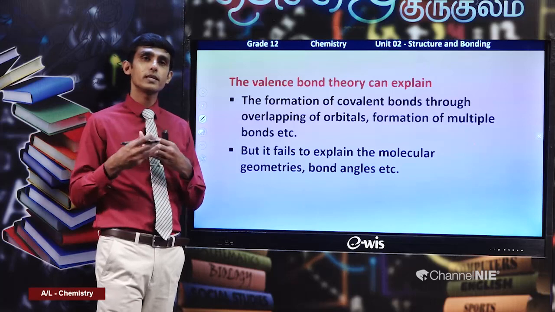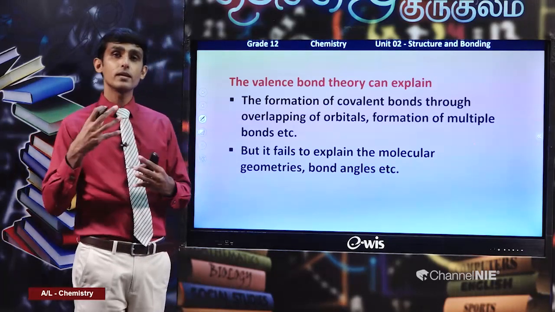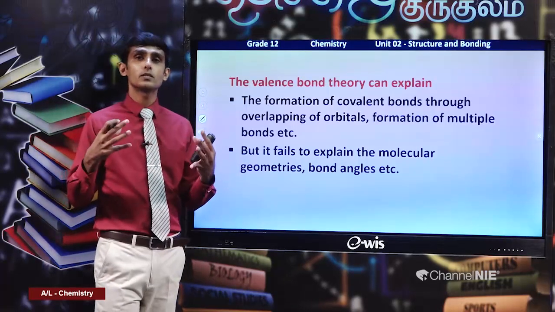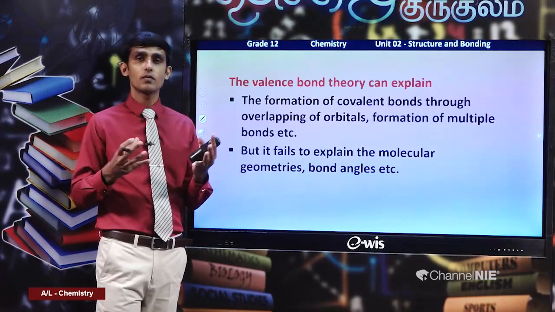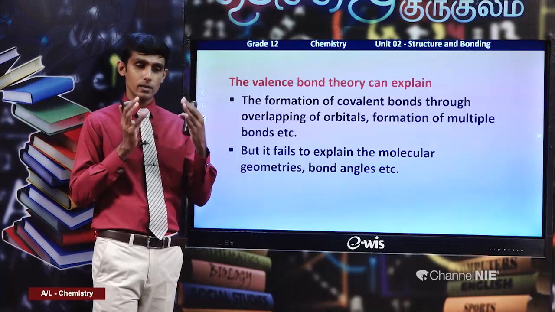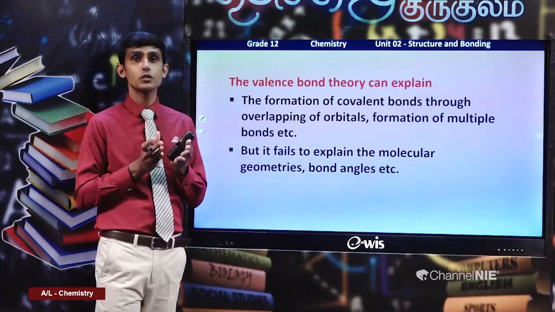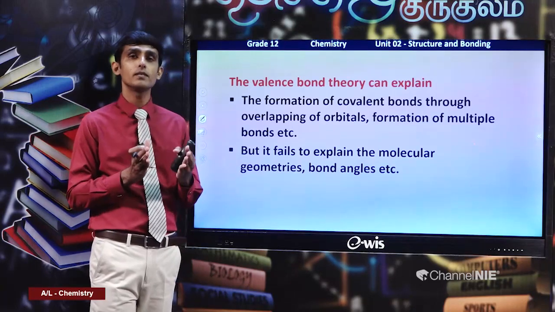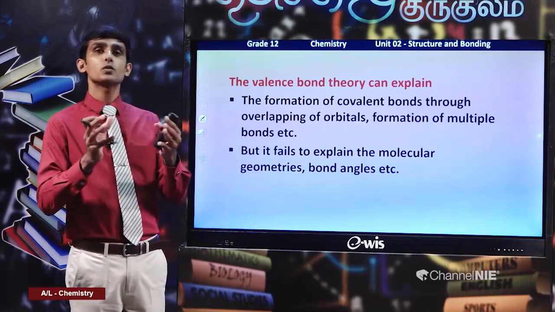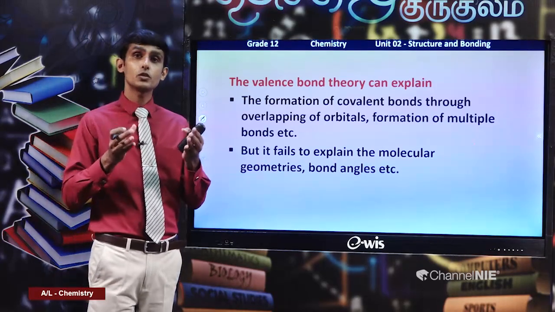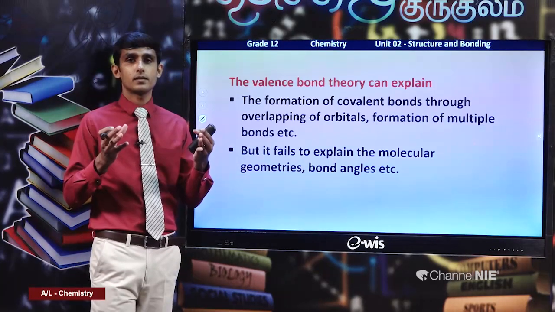Also, valence bond theory is able to explain the way multiple bonds, like double bonds and triple bonds, are formed. But there are some limitations of the valence bond theory, especially when it comes to shapes of molecules and determination of bond angles.